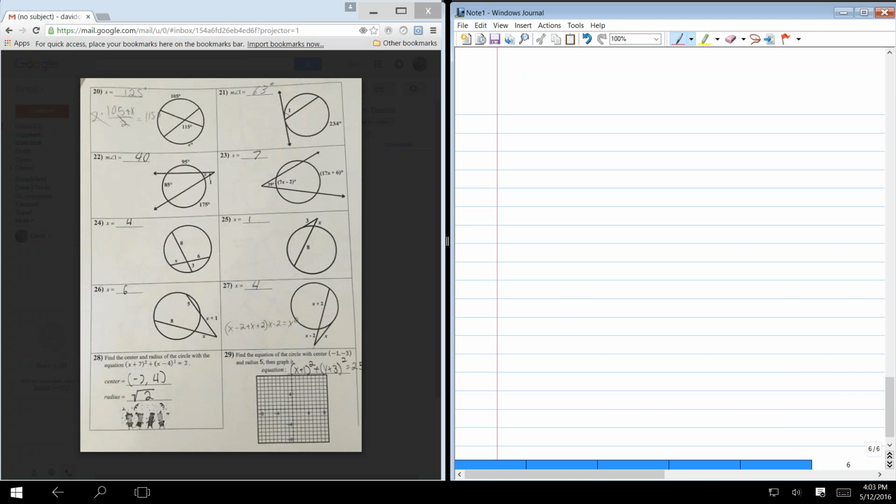One way I like to remember is if these lines are crossing inside or outside of the circle. If they intersect outside the circle, then I'm taking the difference of the arcs. If they intersect inside the circle, I'm taking the sum of the arcs.